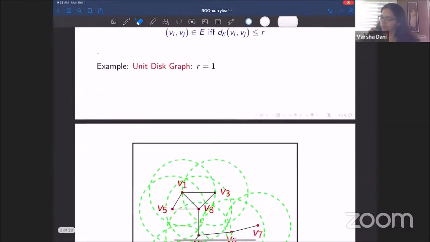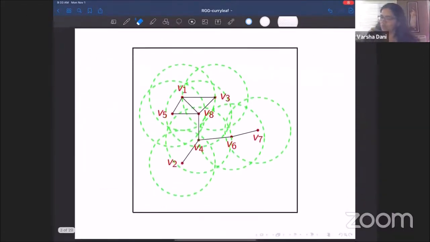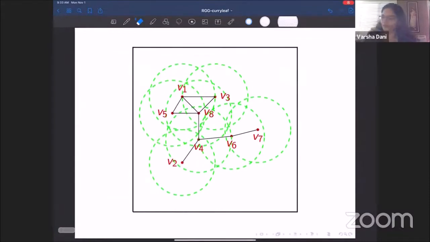So here is a pretty picture. We have 8 vertices here. And how do you decide where there are edges?